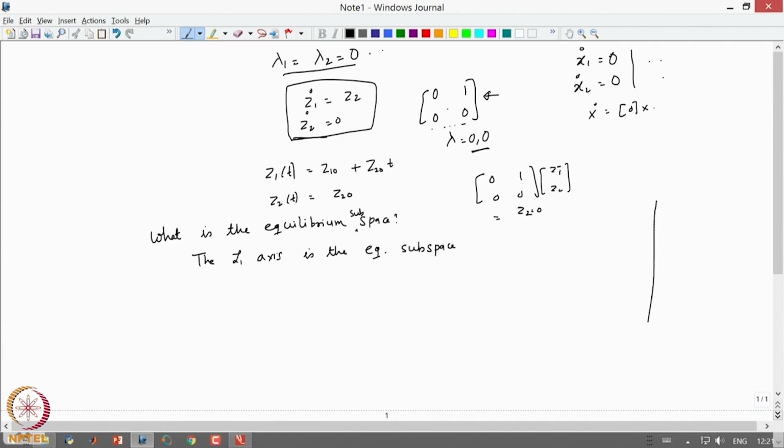So, if I were to plot on the Z1 Z2 plane, this entire Z1 axis is my equilibrium subspace. What happens close to the equilibrium? It's easy to check that my phase curves will just be parallel to the equilibrium subspace. Here they will just be the reverse sign.